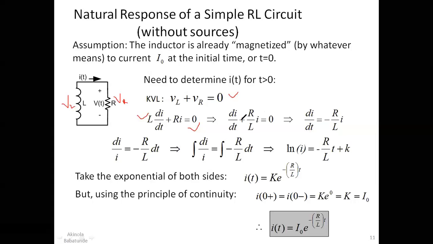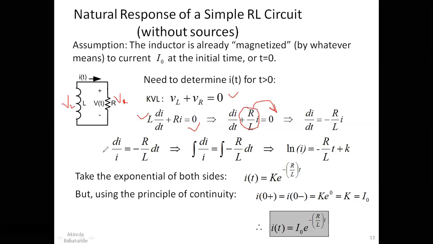If you move part of the equation to the other side, you are left with di/dt equal to minus R over L times I. This looks like a first-order differential equation already. So you can quickly rearrange by putting all the I terms on one side and the other elements on the other side.